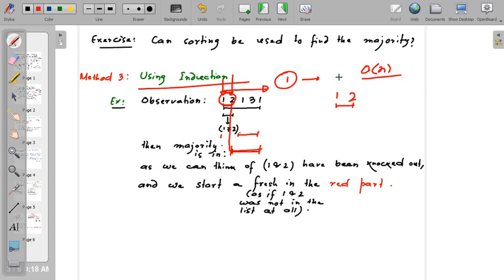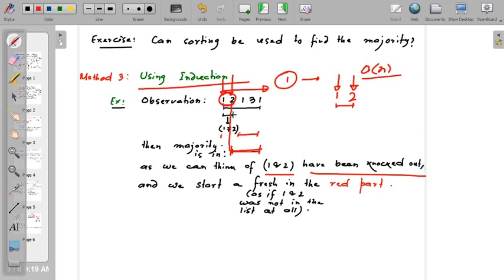At that time you can think of 1 being knocked out by 2, so neither can be the contender for majority element. So 1 and 2 have been knocked out by each other.